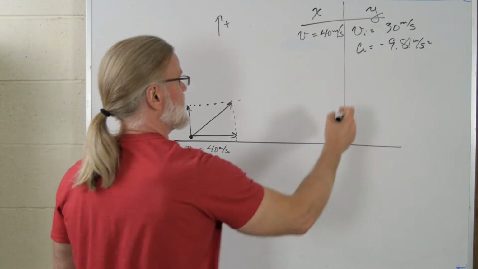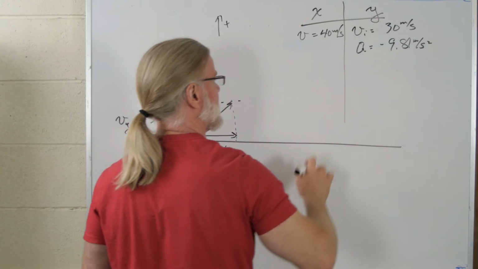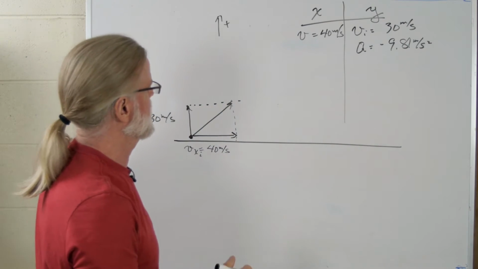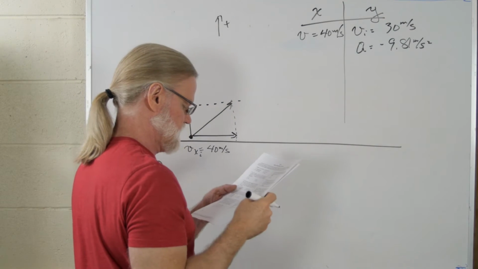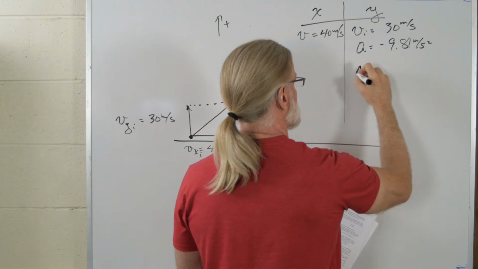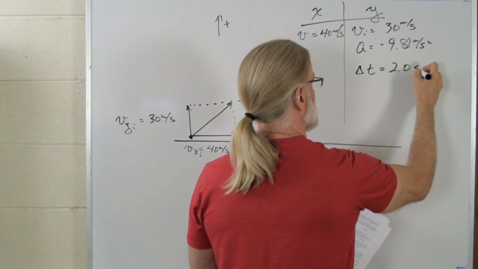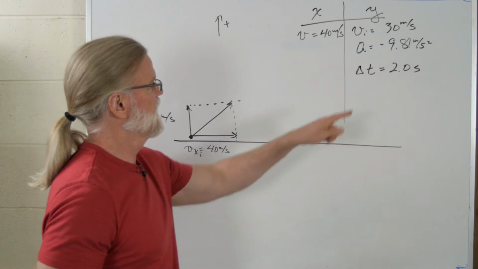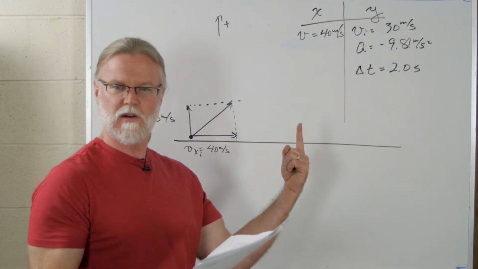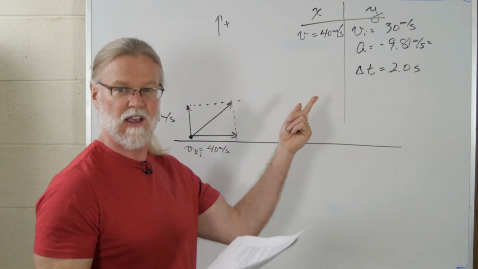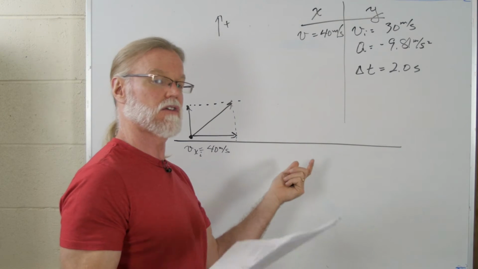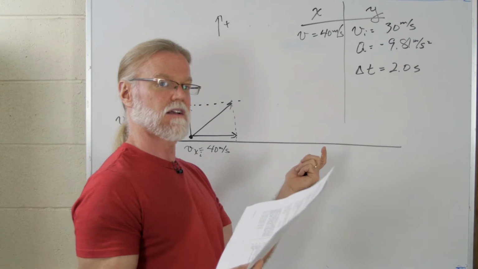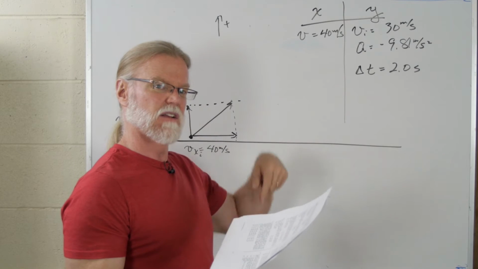And 2 seconds is the time. So in 2 seconds, it's going to be going 10 meters per second up. It's going 30 meters per second. After 1 second, it's going to lose 10 meters per second because it accelerates down at 10 meters per second.